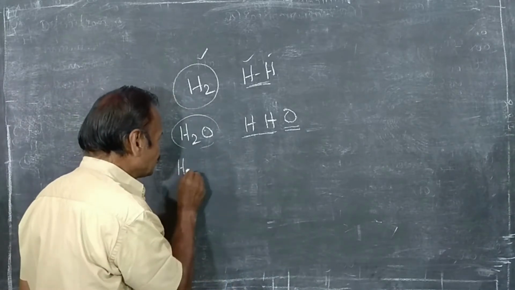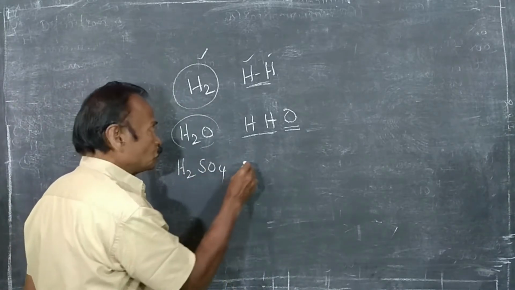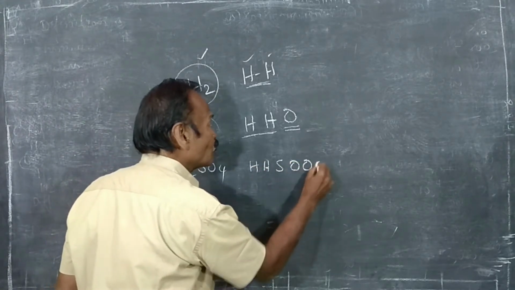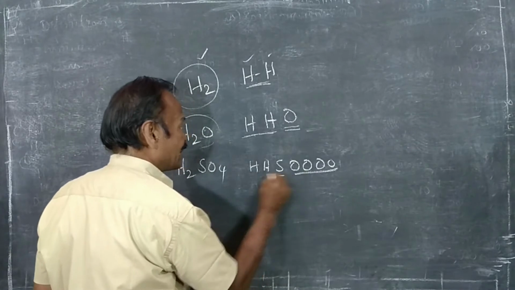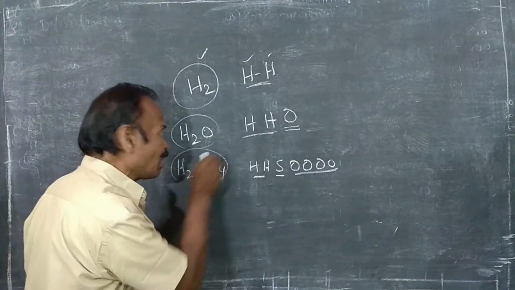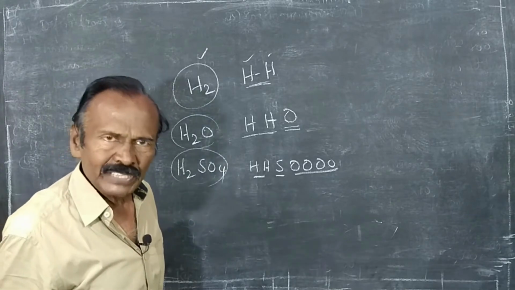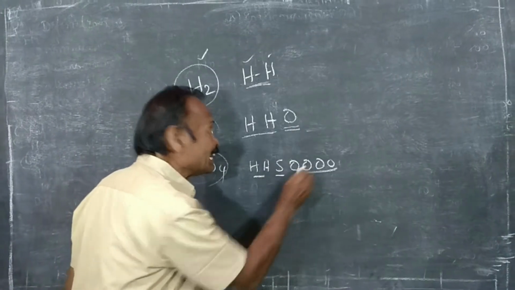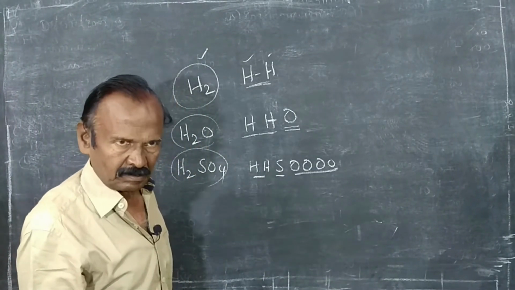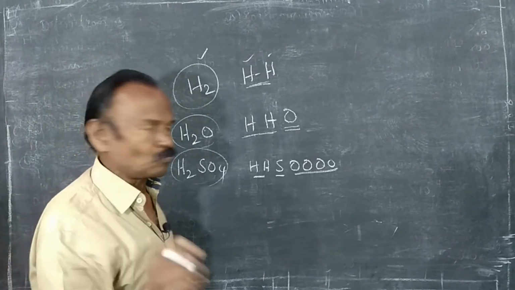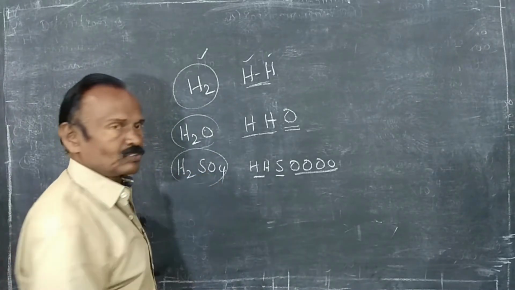Take again H2SO4. Here two hydrogen atoms, one sulfur atom, four oxygen atoms combine together to form one molecule of sulfuric acid. So here atoms of different elements combine to form one molecule of sulfuric acid.